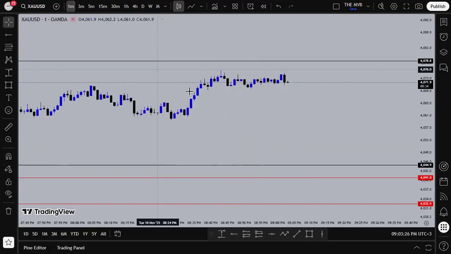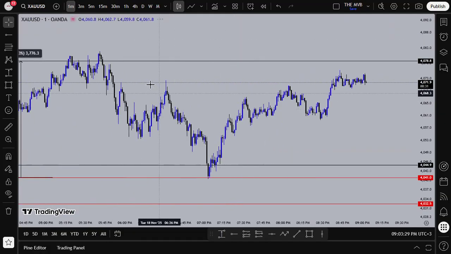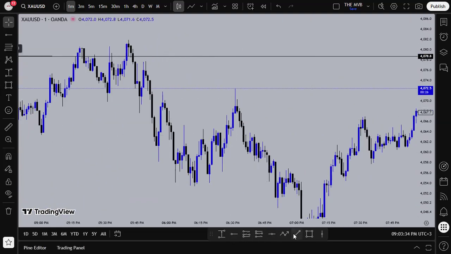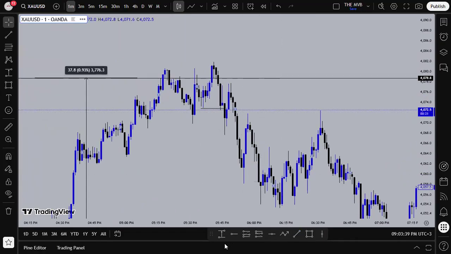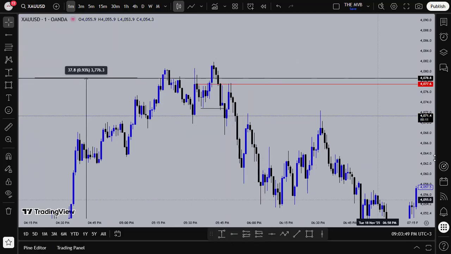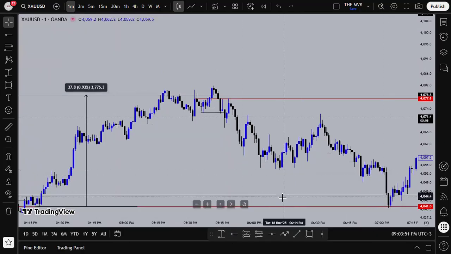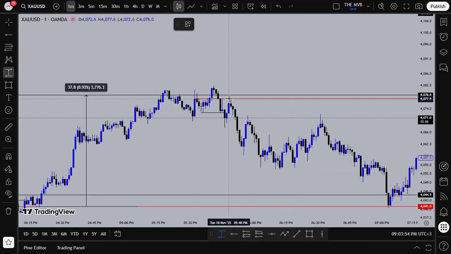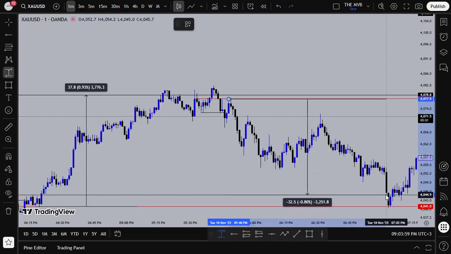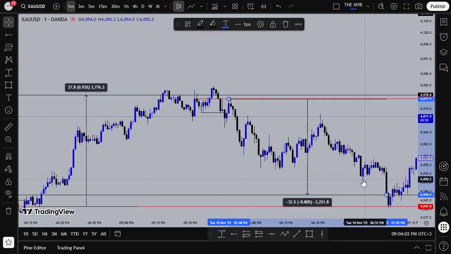So if you go back to the 1 minute to look for the entry, we begin to see price creating a shift here, and then left us with a liquidity engineering, which was a very good level for us to sell. And I took the sales towards this level here. Okay, so from here to this point here, it was also 300 pips.